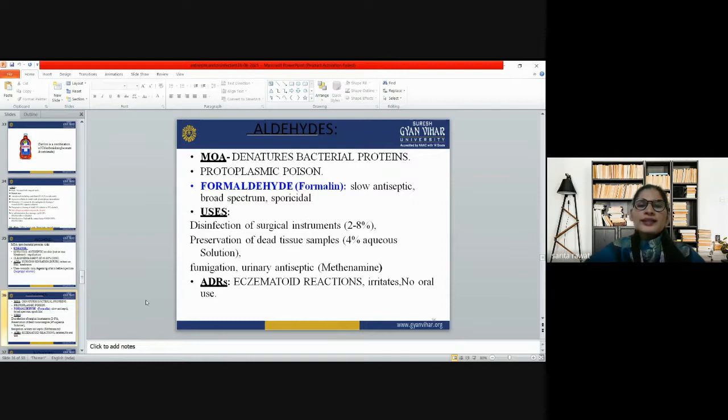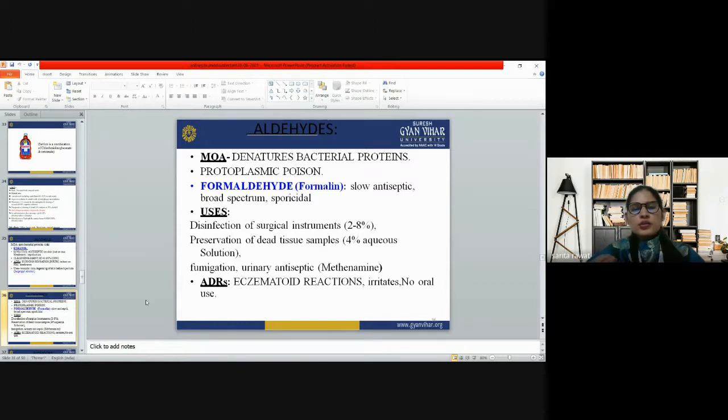Now we have next aldehydes. When we talk about the mode of action of aldehydes, they denature bacterial proteins. They are protoplasmic poisons, and this includes formaldehyde formulations. It is a slow antiseptic with broad-spectrum sporicidal use. It is used for disinfection of surgical instruments in 2 to 8%, and for preservation of dead tissue samples in 4% aqueous solution.